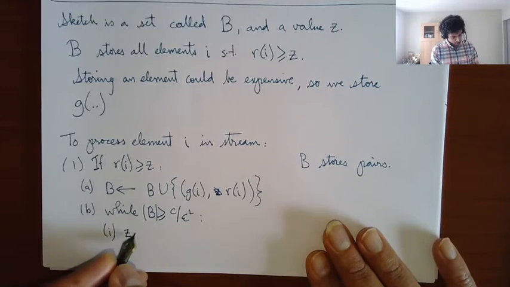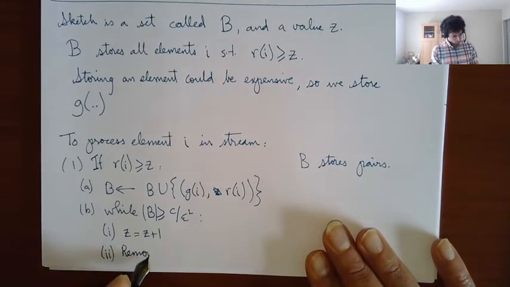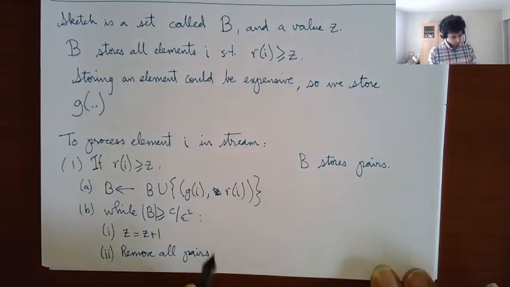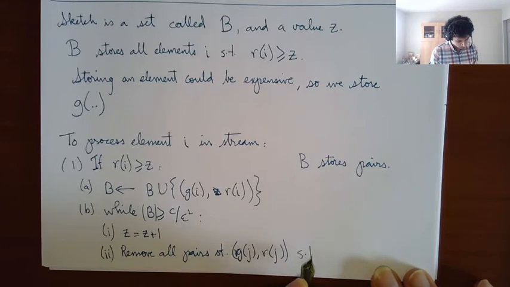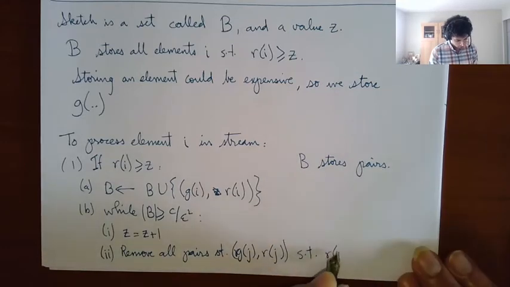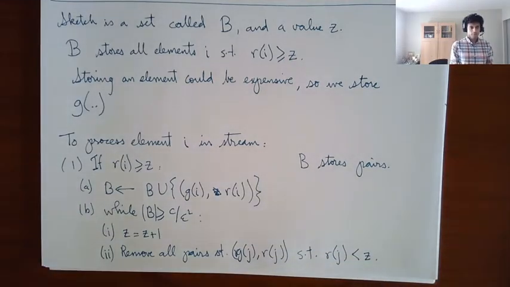We will update Z. So we increment Z. And then we remove all pairs such that, so I should say all pairs G of J, R of J, such that R of J is less than Z. So this is the algorithm.